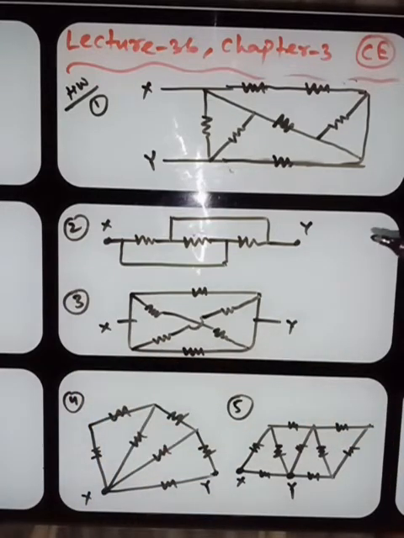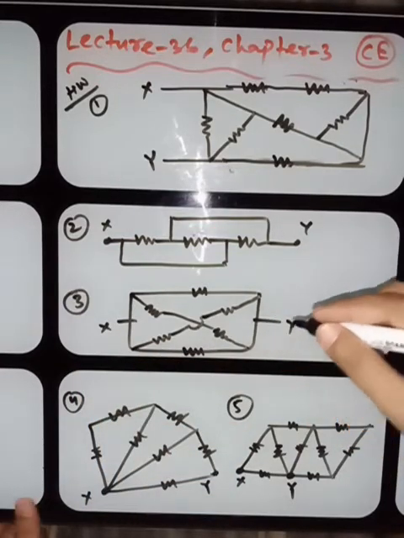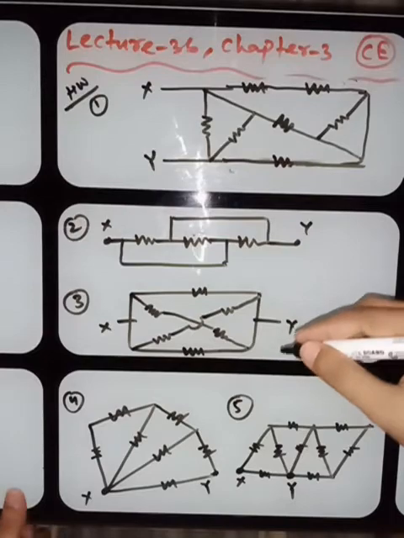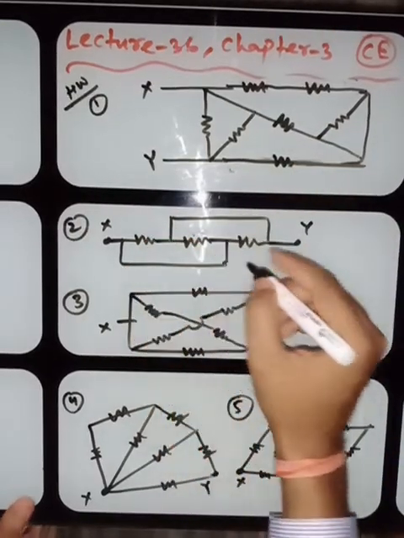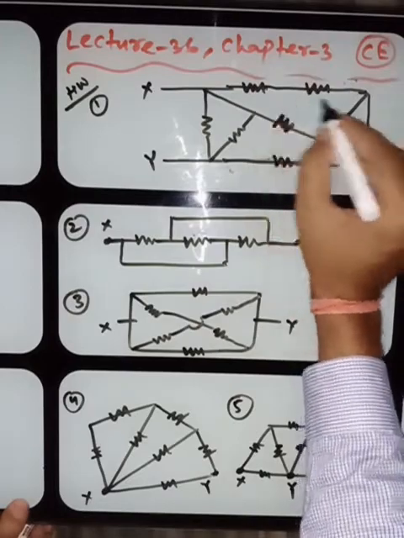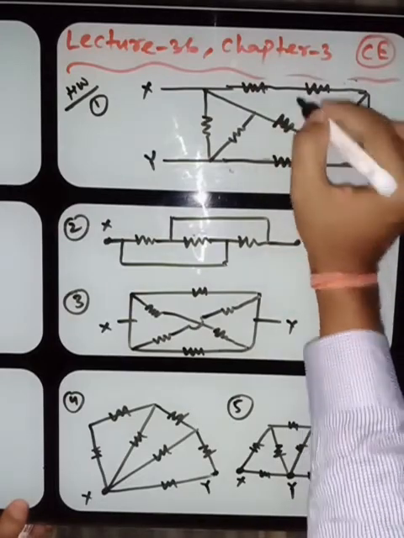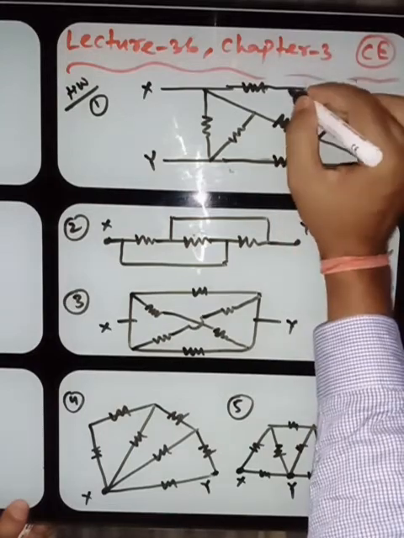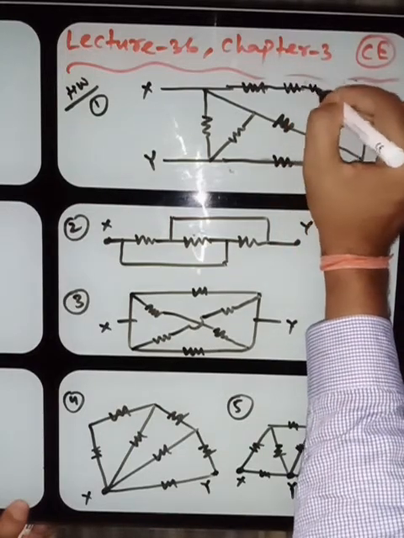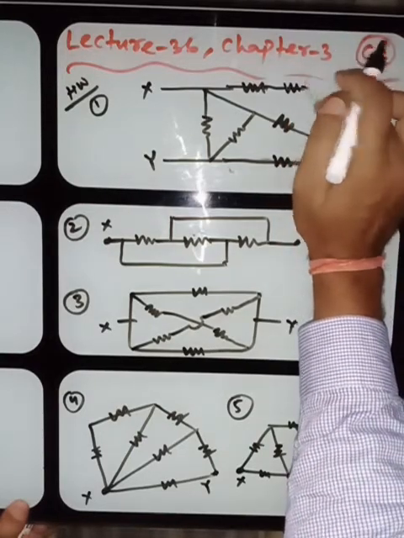Now I'm giving you the values of resistance. Okay, now the values are here. Suppose one more resistor. If you connect it, then the circuit will be a little easier.